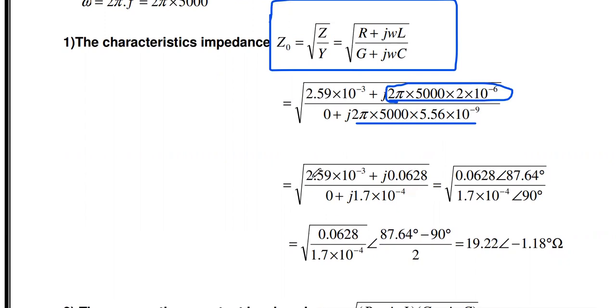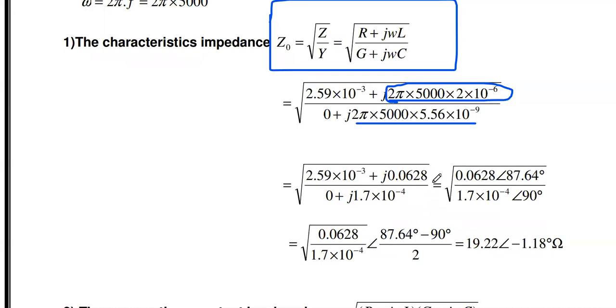Here you see the numerator and denominator are in rectangular form. For rectangular by rectangular, if complex mode is available in your calculator, you just divide directly.